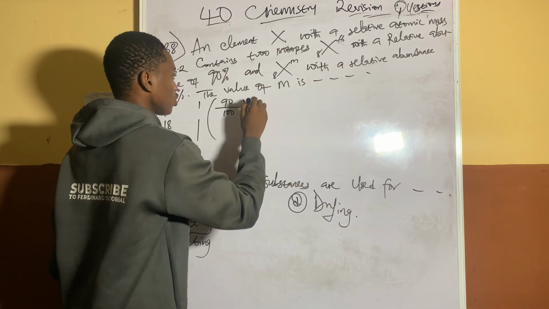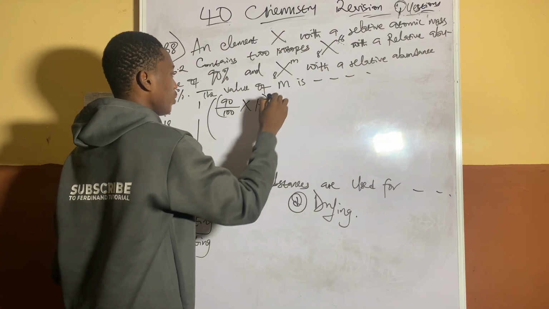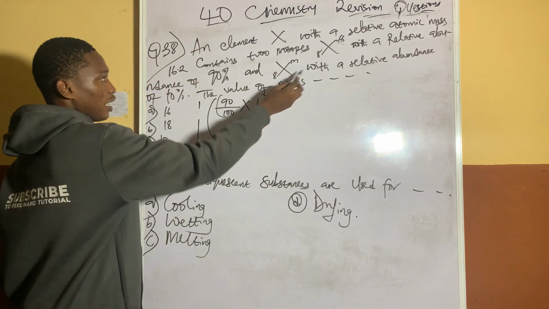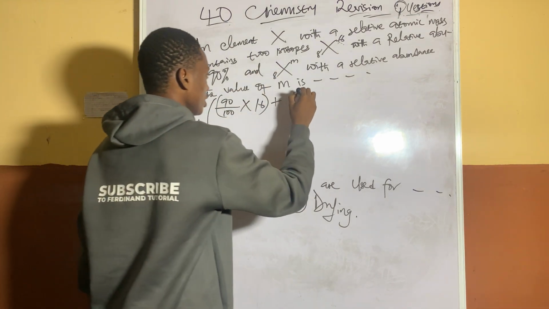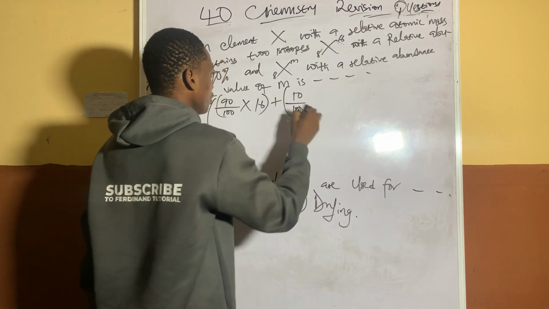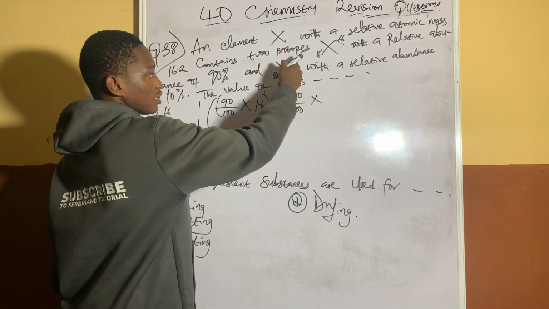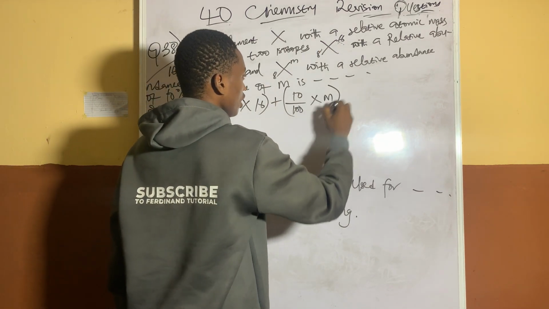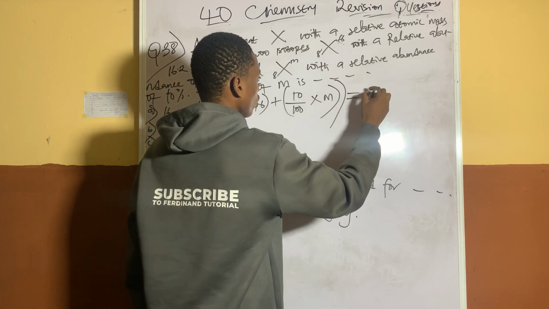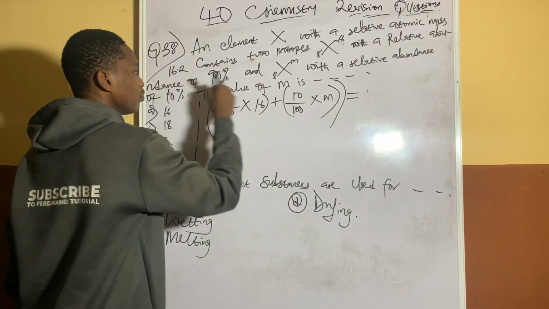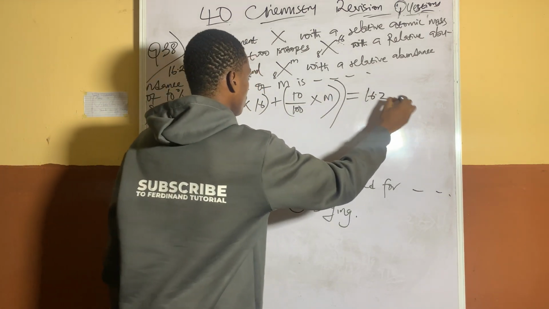This element with mass number 16. So we're going to use the mass number. Now plus, we get the other relative abundance of 10%, 10 over 100. Now times, they didn't give us the mass, so we say the mass is M. Everything here is equal to 16.2, which is the relative atomic mass.